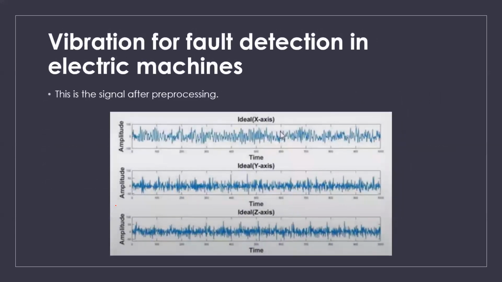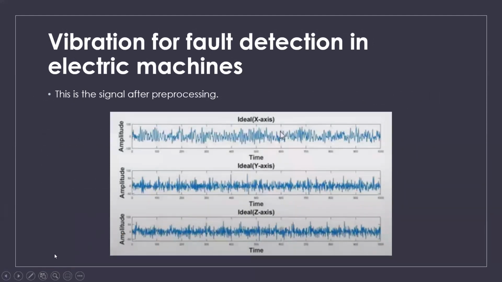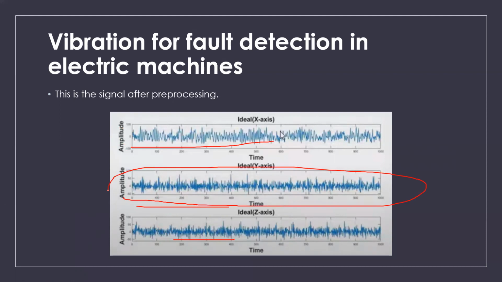This is a signal after pre-processing. As we can see, the machine is analyzed in three axes: frequency on the x-axis, and amplitude on the y-axis and z-axis, with respect to time. This is continuously monitored, as said in the previous slide.